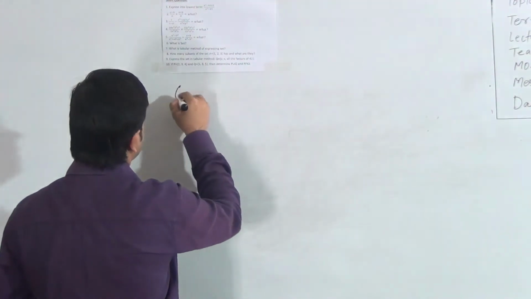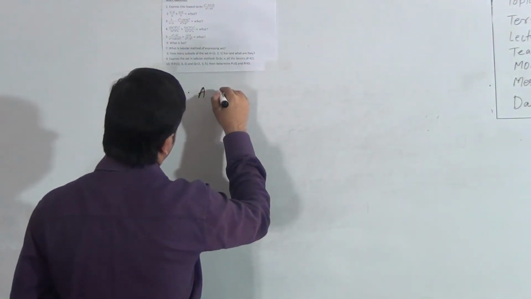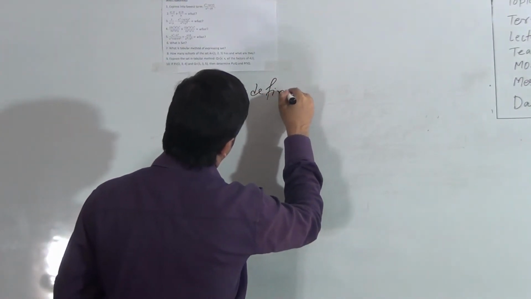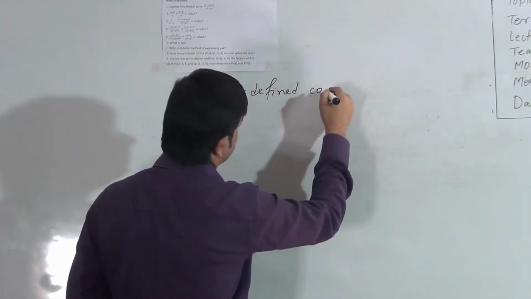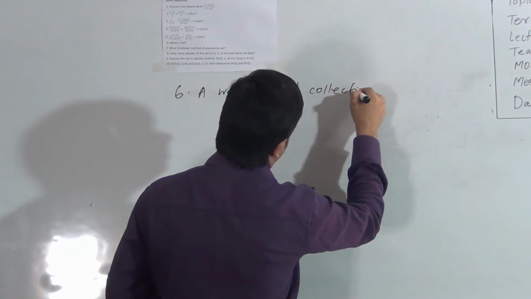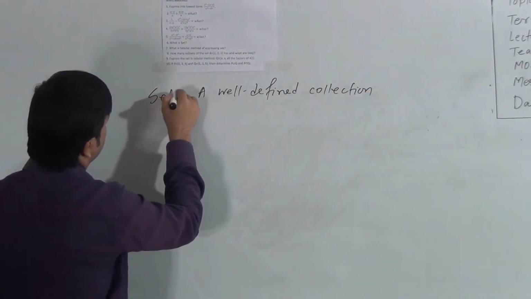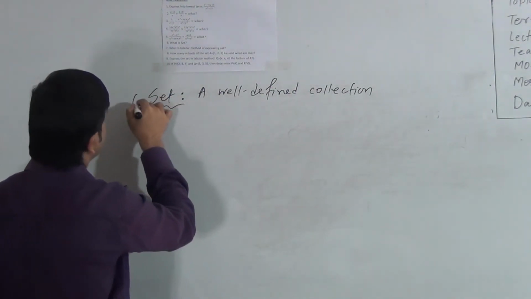Okay, now we can write 6. Definition of set. This is question 6.